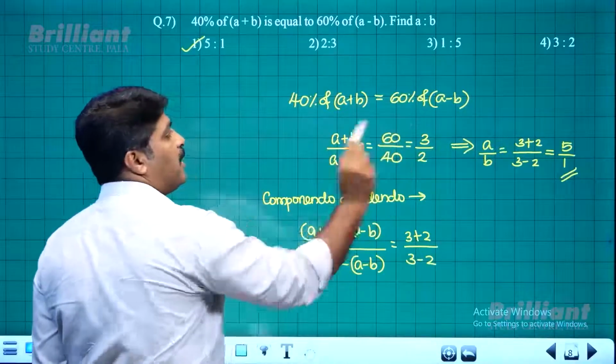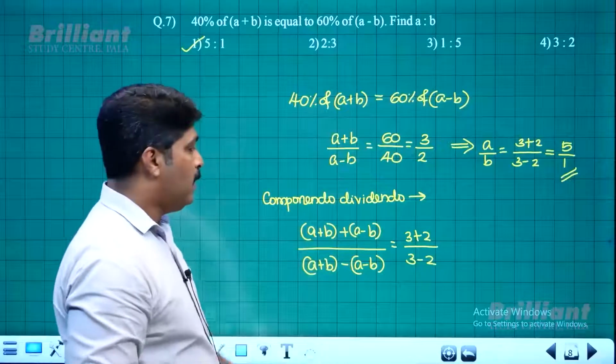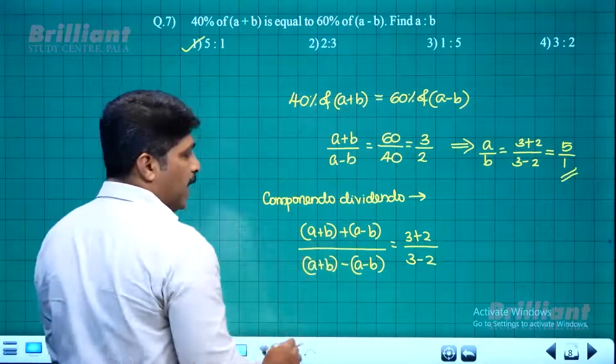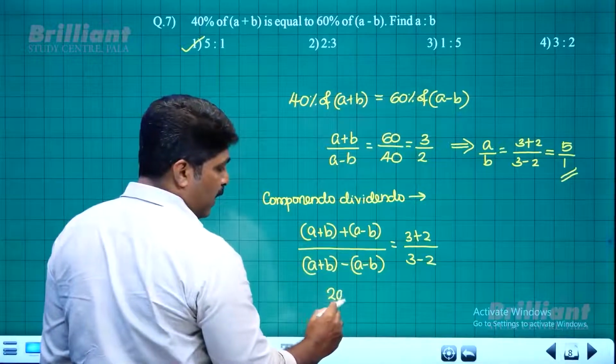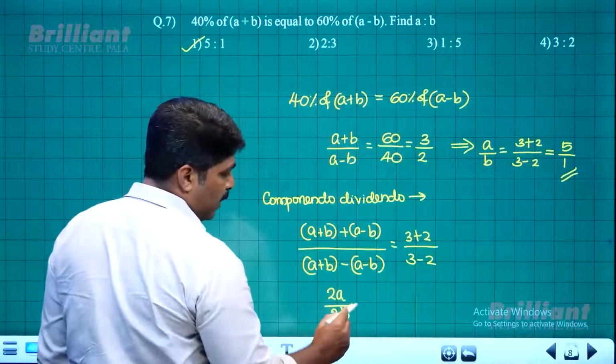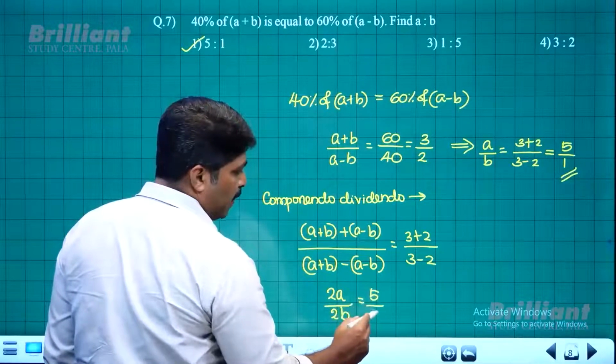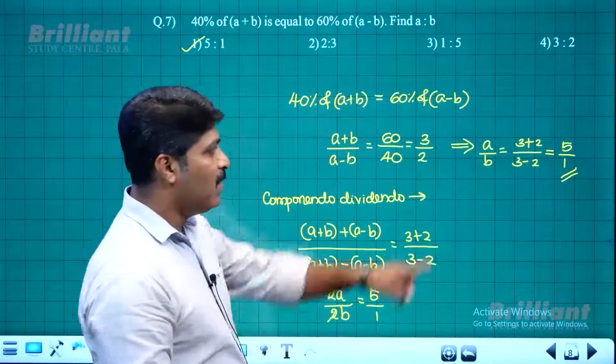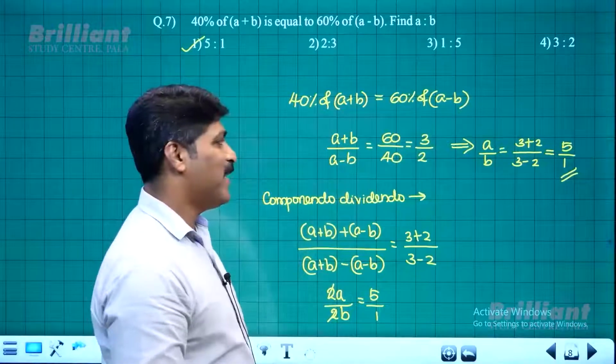If a proportion like this exists, then this kind of relation also will exist. While we are adding, this is 2a by 2b is equal to 5 by 1. Here 2 and 2 get simplified, so we will get 5:1.